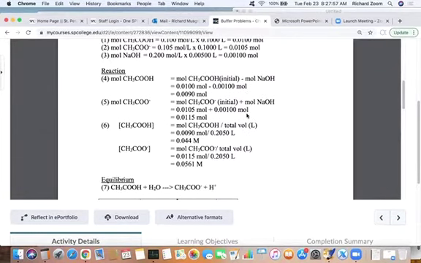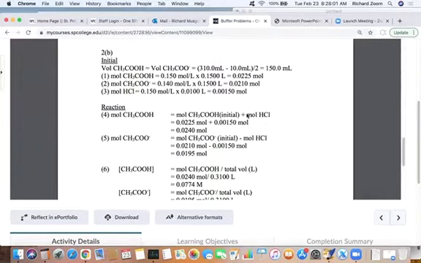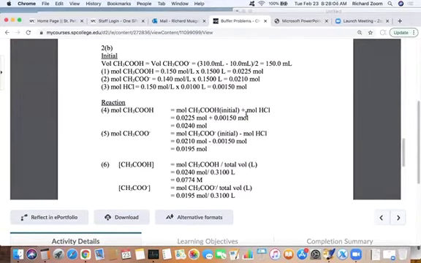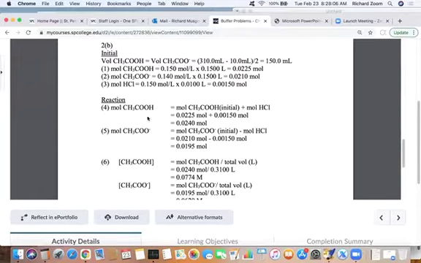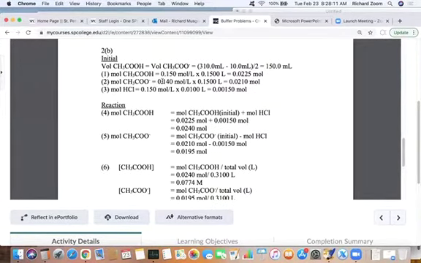So let's look at, this is the one we just did. Let's look at, here we go. So this is the one that's got the H plus being added. So initially we figure out the moles of AH, which is what we just did previously as well. We get the moles of AH, which is going to be the concentration times the volume that we're using. In this case, it's 150.0 mils. In the case of A minus, again, it's 150.0 mils that we're starting out with initially.